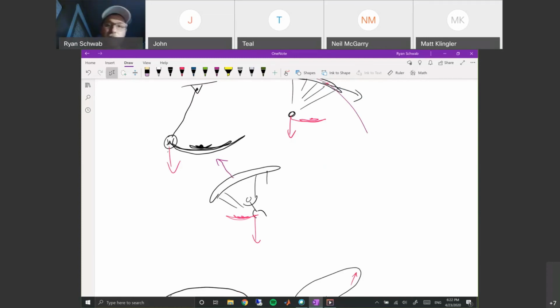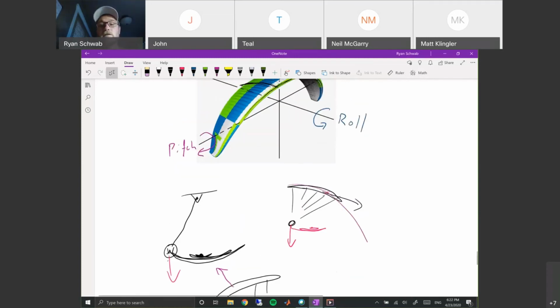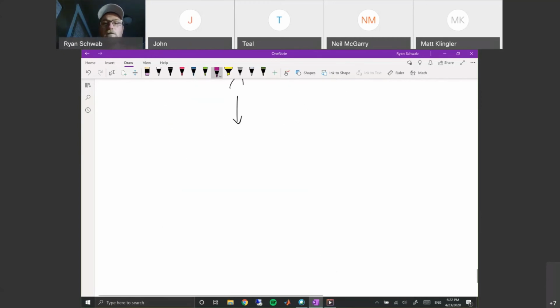Speaking of control though, we talked a little bit about changing the angle of attack with the brakes. So what that's doing is pitching your wing backwards. If you instead lower the angle of attack with your speed bar, you're going to pitch the wing forward, right? Draw that out a little bit here.